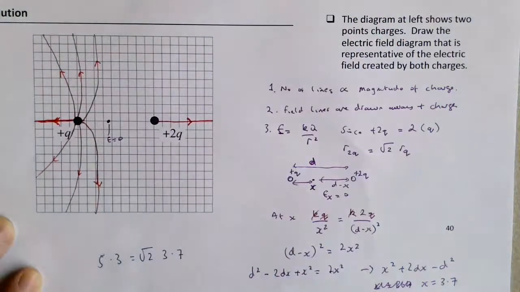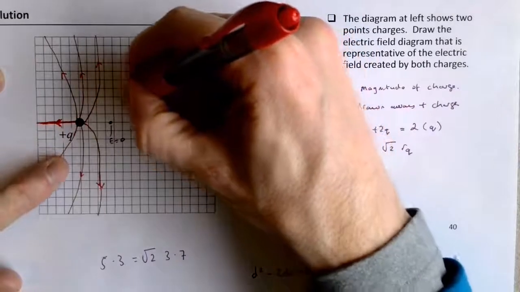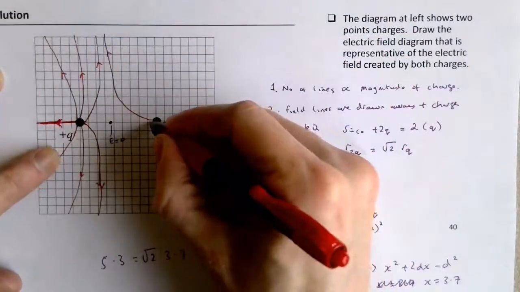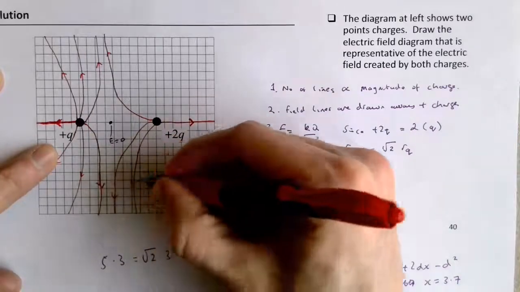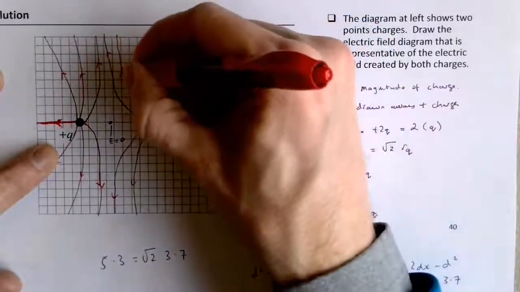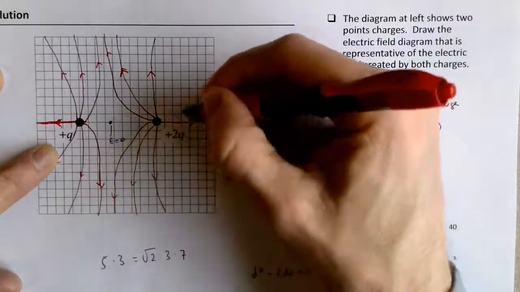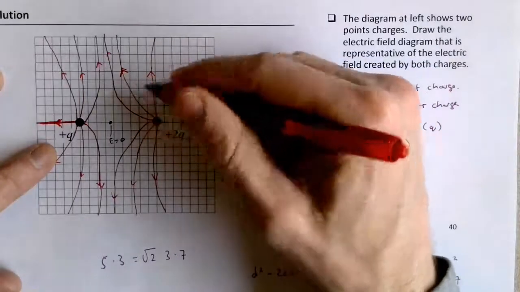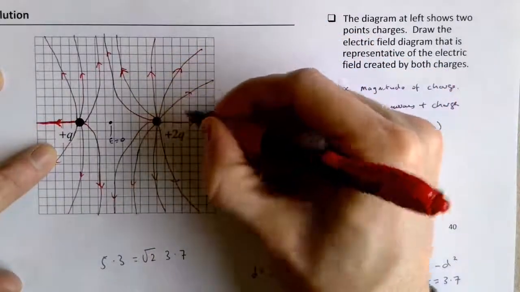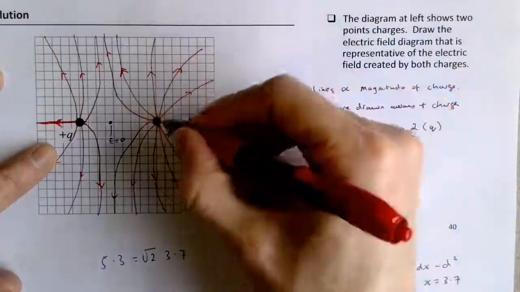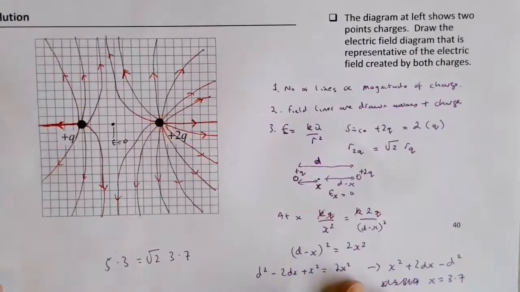So we're going to keep track of the number. 1, 2. Something on this order.